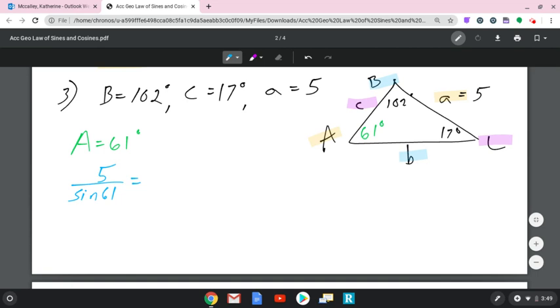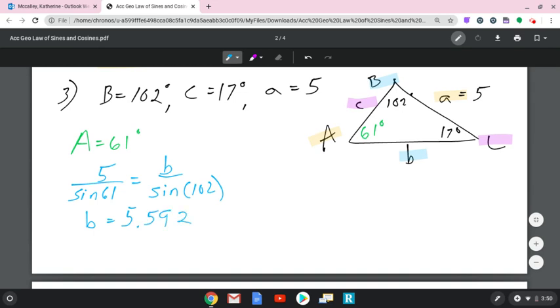So let's say B. I would do B over sine of angle B, which we know is 102. So to find B, again, we're going to cross multiply. So I have 5 times sine of 102, I put in my calculator, close that parenthesis, and then divide it by sine of 61. So your B will be 5.592.